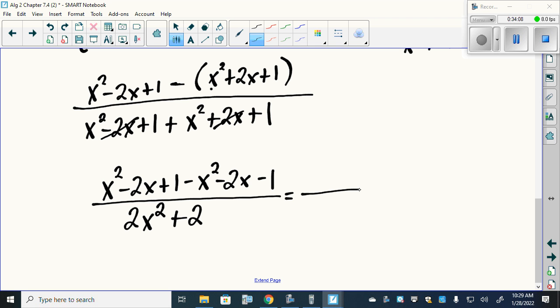See what happens in the numerator. X squared minus x squared, those are gone. Negative 2x minus 2x. 1 minus 1 cancels out also.